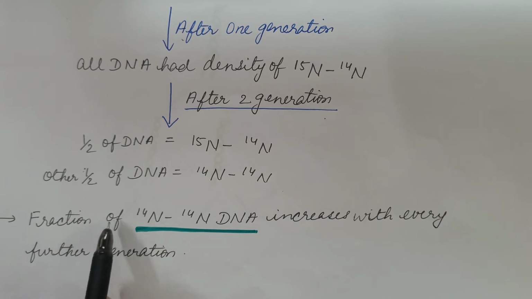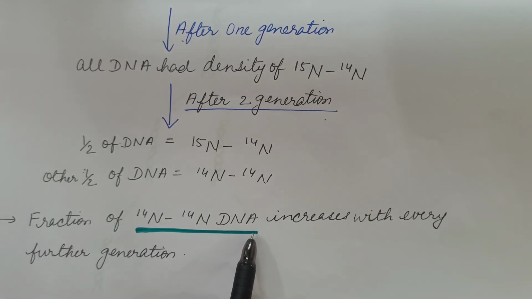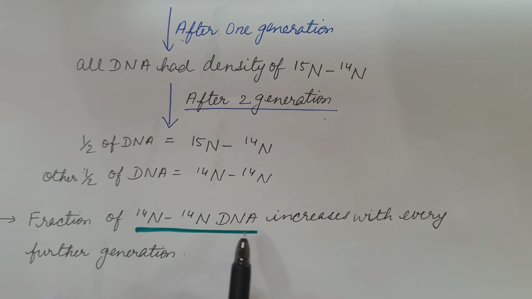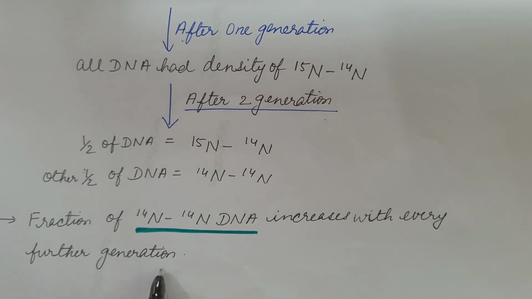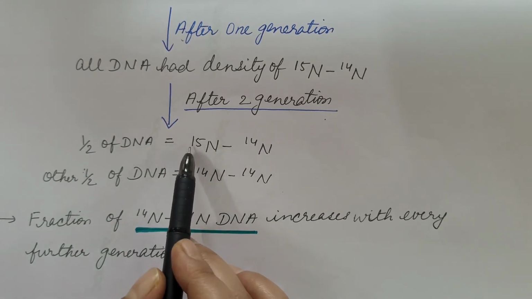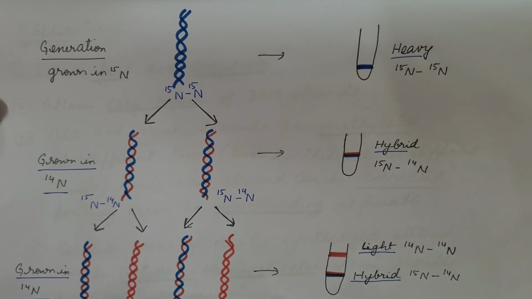Also, it was observed that the fraction, or the percentage, of 14N and 14N DNA increases with every further generation compared to the DNA containing 15N and 14N. Now, let us understand this in detail with the help of this figure.